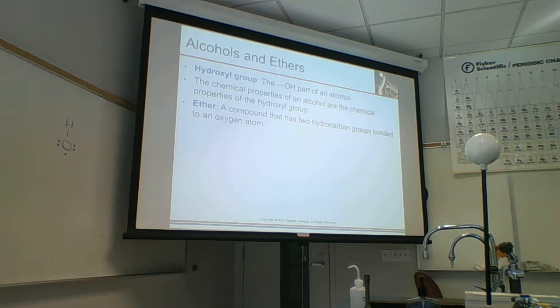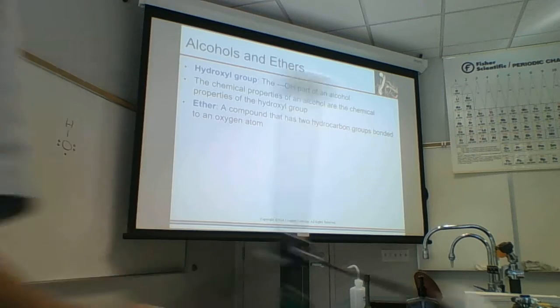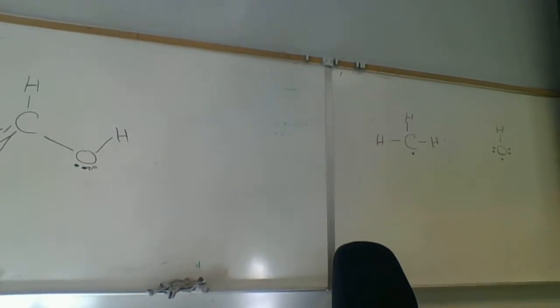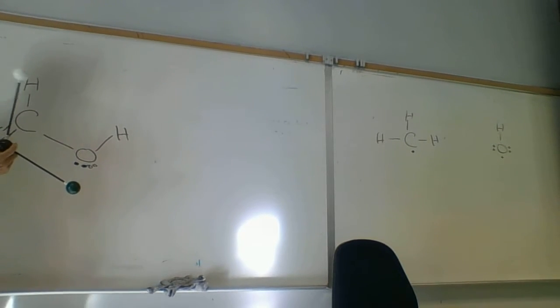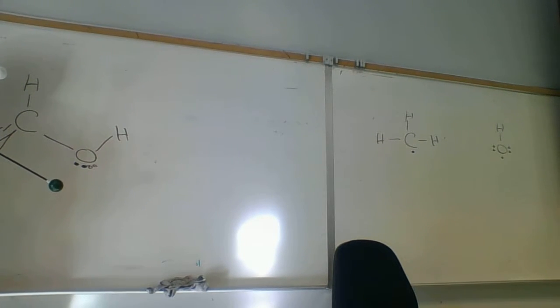So I start my zigzag here. Everything's in a plane, like this. This is called methanol. Methanol also goes by the name methyl alcohol. This would be the methyl group, CH3. This is alcohol, methyl alcohol.